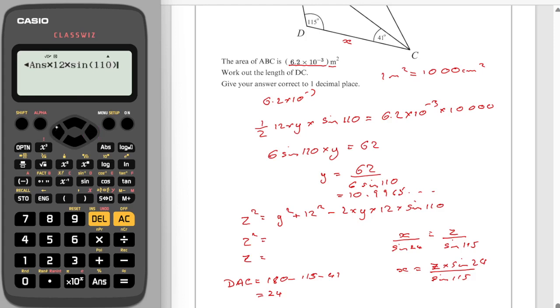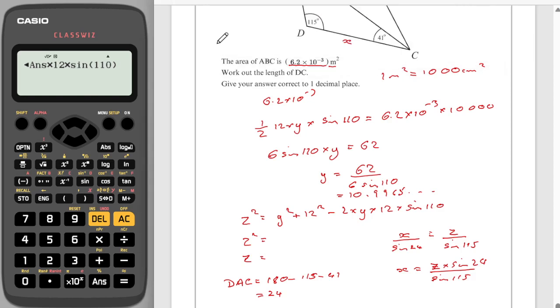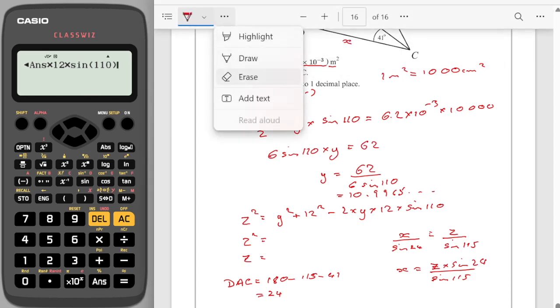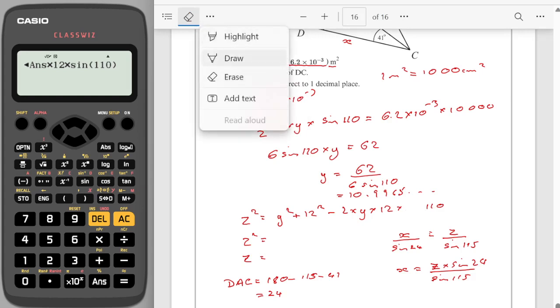I should have typed cos. I thought as I was writing it down I'd typed that in slightly wrong. So let's go back and do that again.